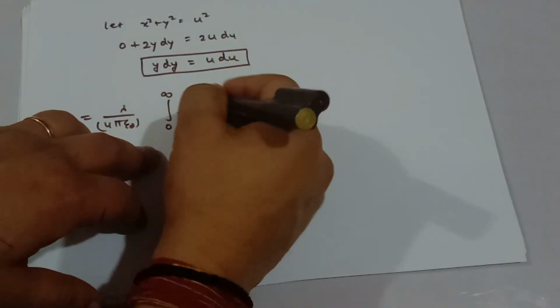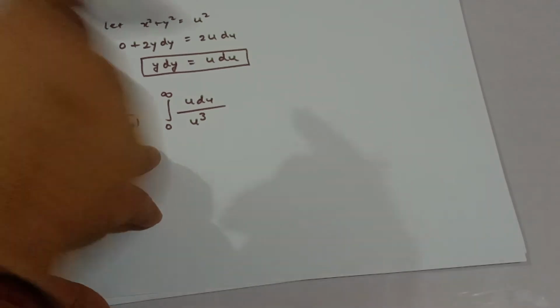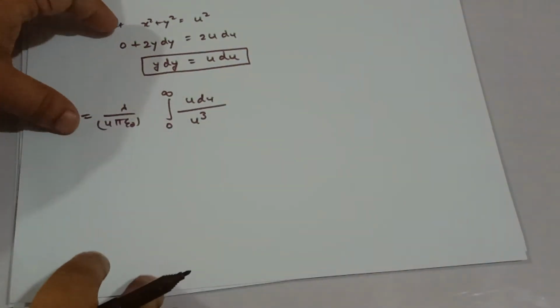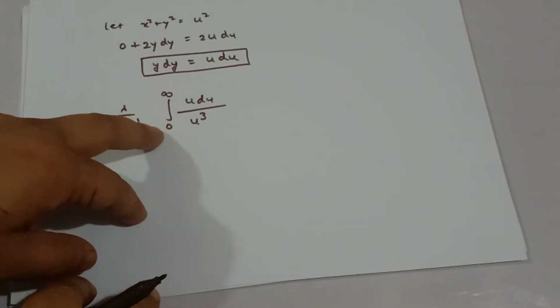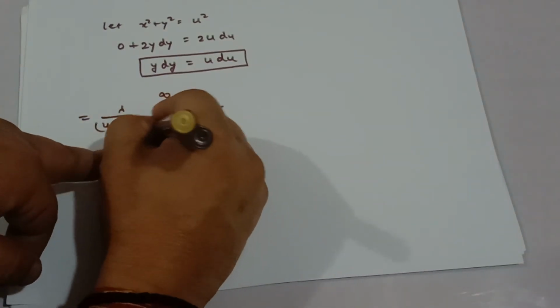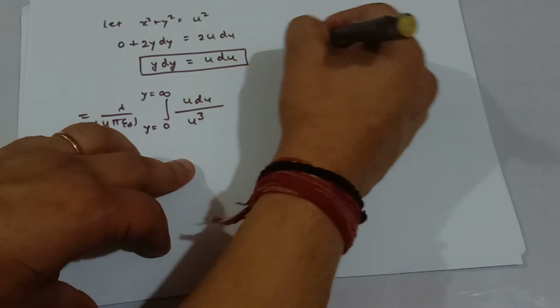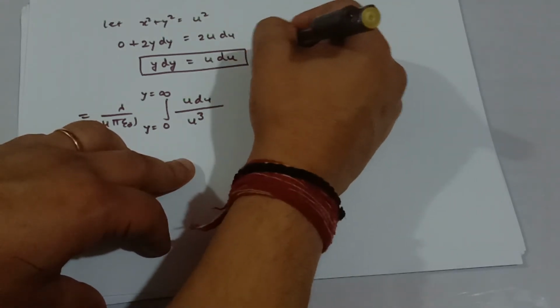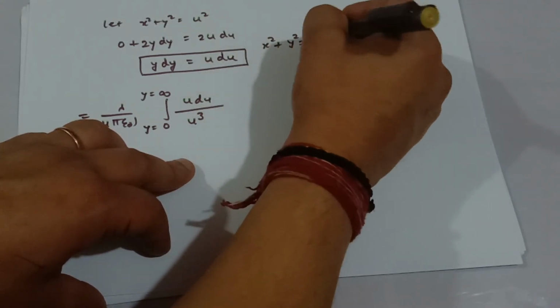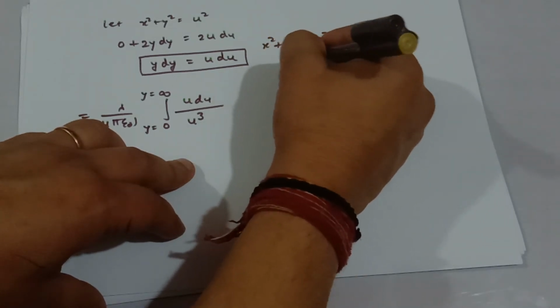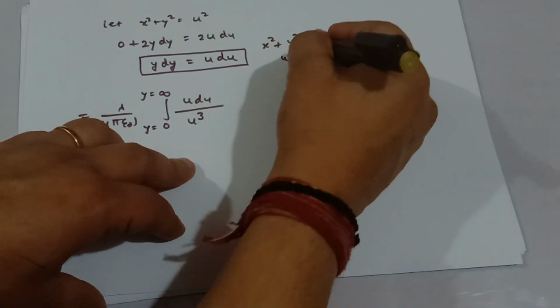So now you can easily do that particular thing, but now the limit is different, because this limit was for y from 0 to infinity, and we have that x square plus y square is basically u square. So when y was 0, what is the limit for u?